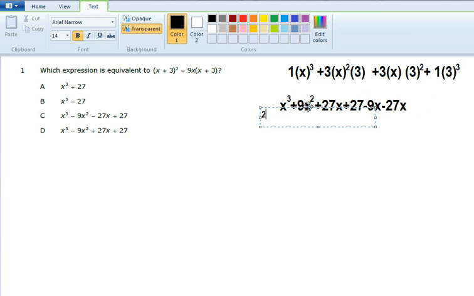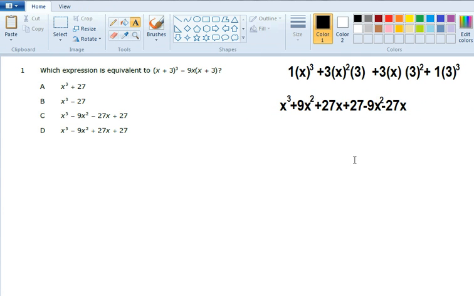So now we have this whole thing, and all we have to do is collect like terms and we're done. So x cubed, this is our only x cubed. Then we have 9x squared minus 9x squared. Those are going to cancel out.